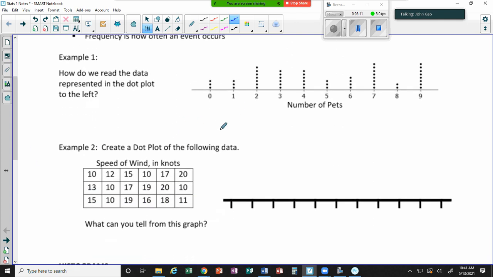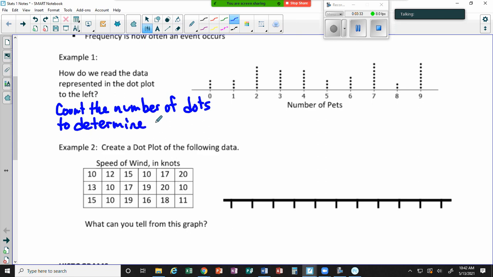So, example 1: how do we read the data represented in the dot plots? You count the number of dots to determine the frequency, or the number of times it occurs.